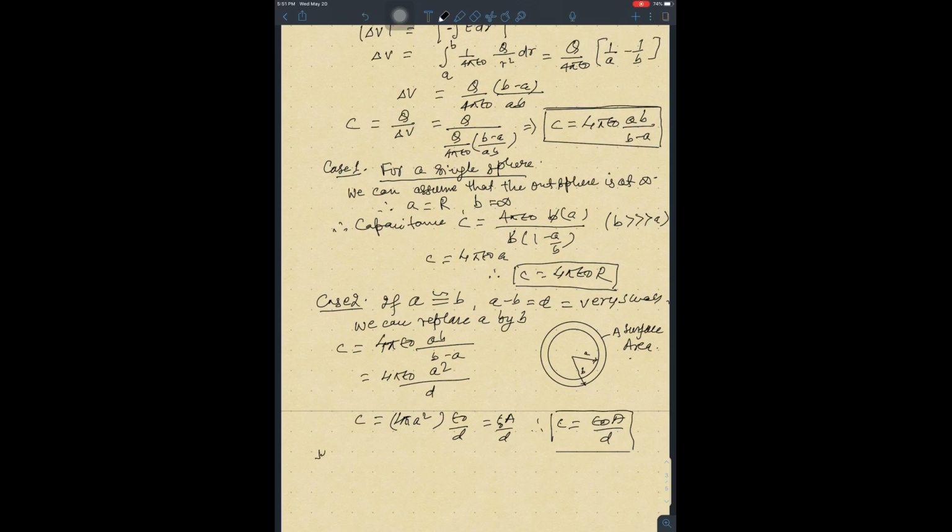Hence a spherical capacitor behaves as a parallel plate capacitor if the separation between the concentric spheres is very small.